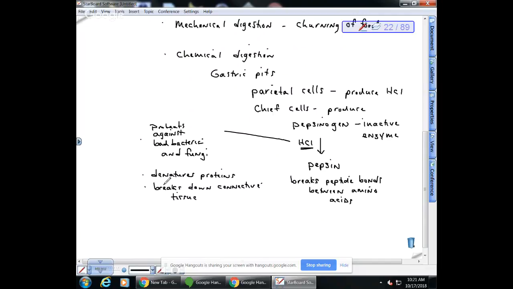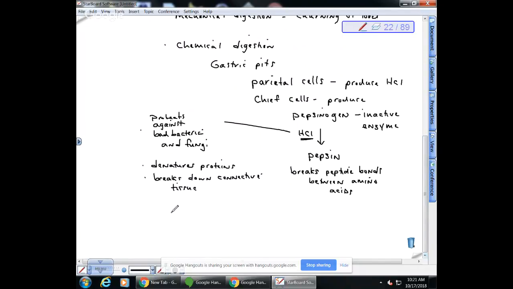Now, unfortunately, there is a bacteria that is able to survive in these acidic conditions, and it is called Helicobacter pylori. Or you might hear it as H. pylori, this is the genus and this is the species. Okay, so this is a bacteria that they now believe a lot of people have, but in some people, this is actually the culprit that causes an infection in the stomach and can lead to gastric ulcers.